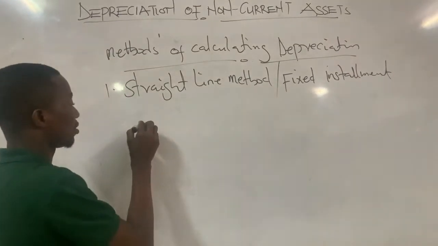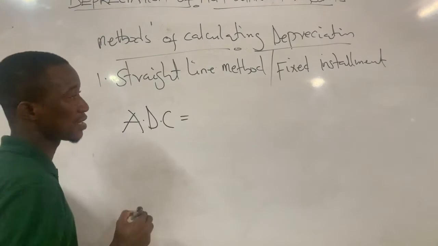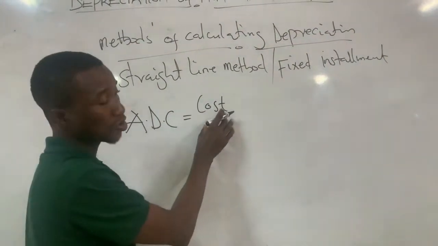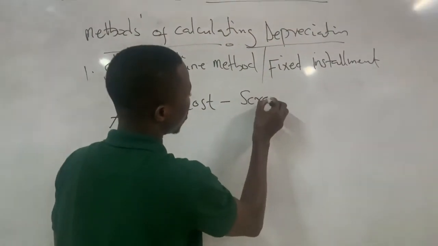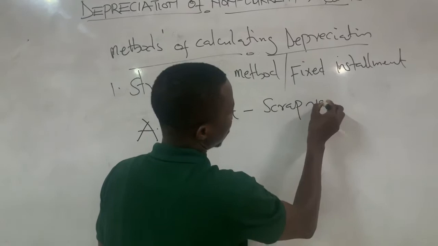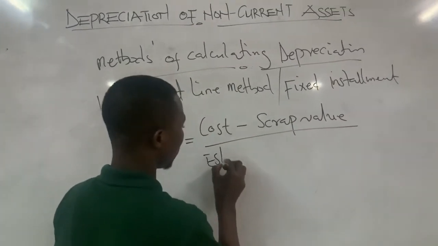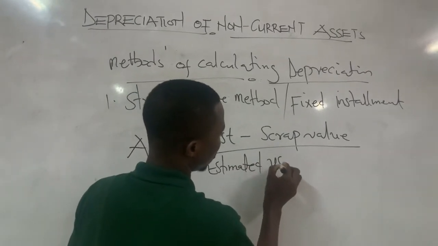Is that okay? So we use it to determine the annual depreciation cost. So the annual depreciation cost of the assets is the cost of the assets less the scrap value, over the estimated useful life.